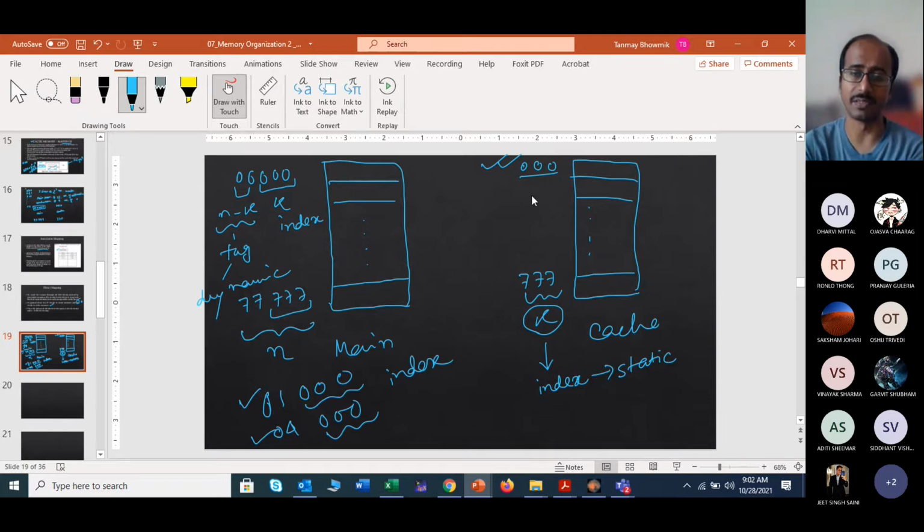Index data is being mapped, no problem, but the tag is different. Two different addresses, so two different data may be available. Which operand will you keep? What will be the thought process of the cache memory? We don't know, right? That is why the memory mapping technique is very much essential.